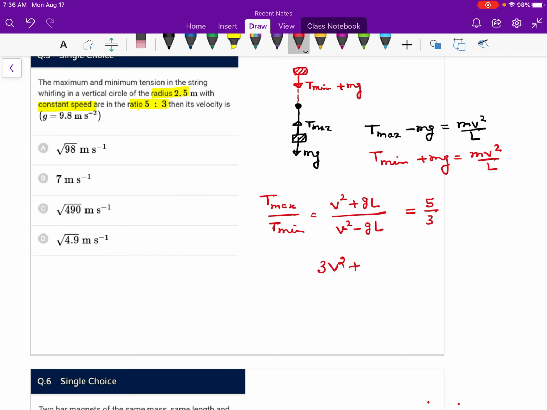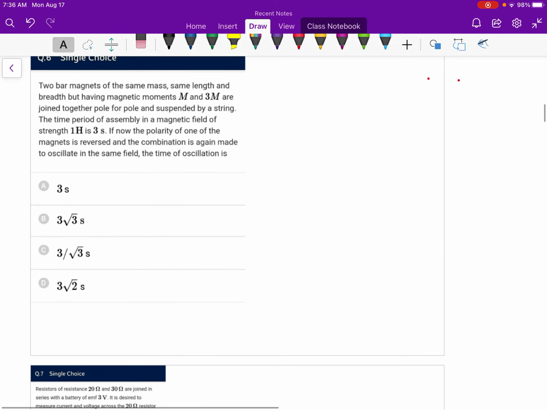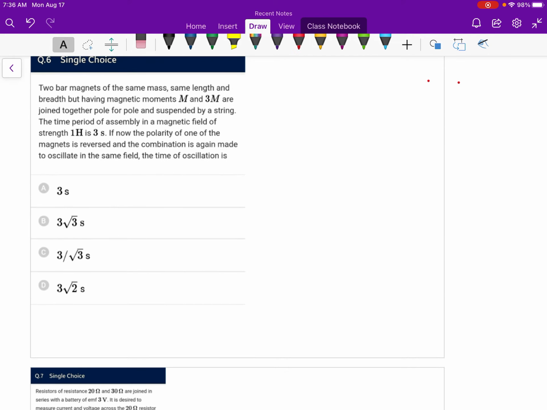So 3v square plus 3gL is equal to 5v square minus 5gL. So 2v square is equal to 8gL, or v is under root 4gL. Okay, so L is 2.5 and 4 into 10, g as 9.8, so under root 98 meters per second. So A is the correct option.